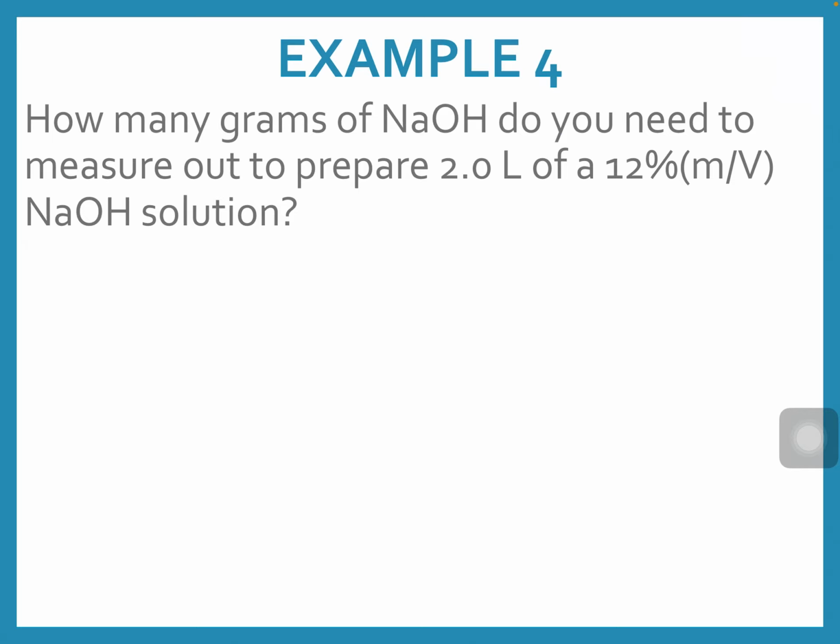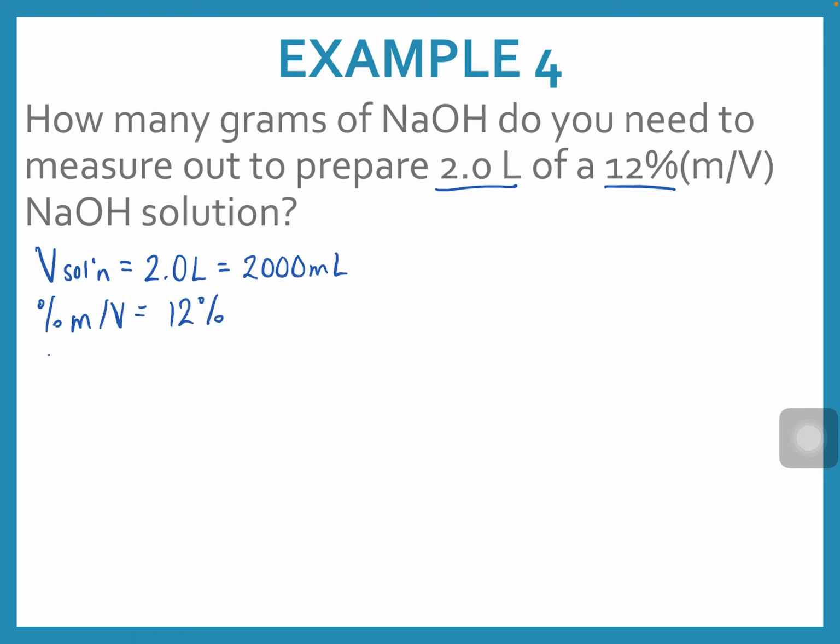Okay, another example: how many grams of sodium hydroxide do you need to measure out to prepare 2 liters of a 12% mass by volume concentration of sodium hydroxide solution? So what I know is my volume of solution is 2 liters. I need to convert that into milliliters, so that's 2,000 milliliters. My percent mass to volume is 12, and I need to find my mass of solute.